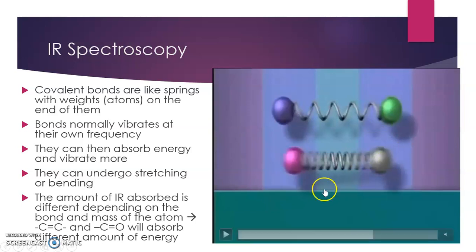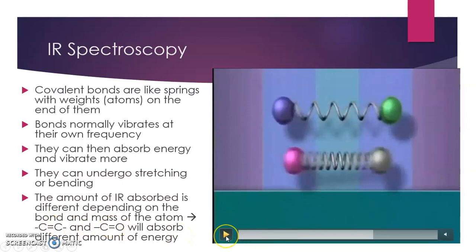So the amount of IR absorbed is different depending on the bond and the mass of the atoms. So even if you have two double bonds, because the atoms attached on both sides are different, they will absorb a slightly different amount of energy, and therefore be identified as two different structures, an alkene or a carbonyl group.